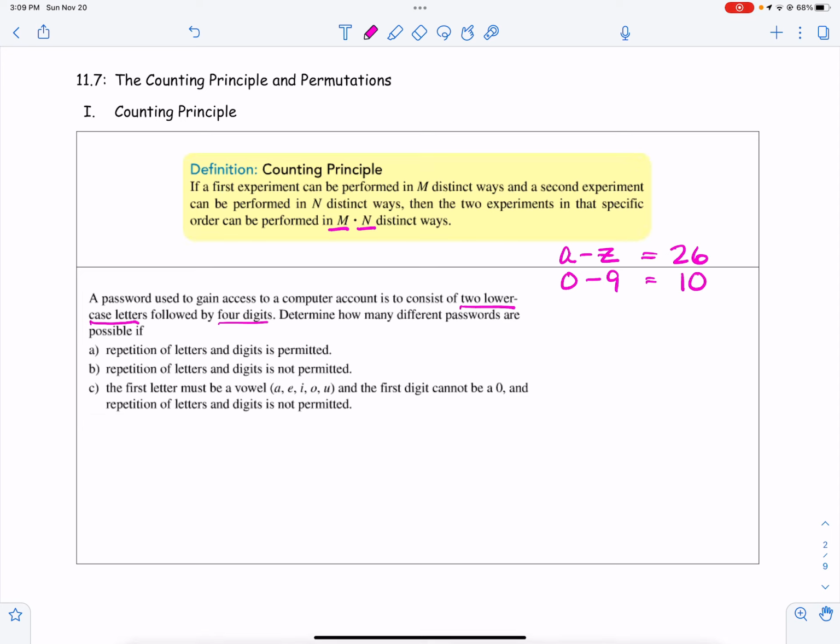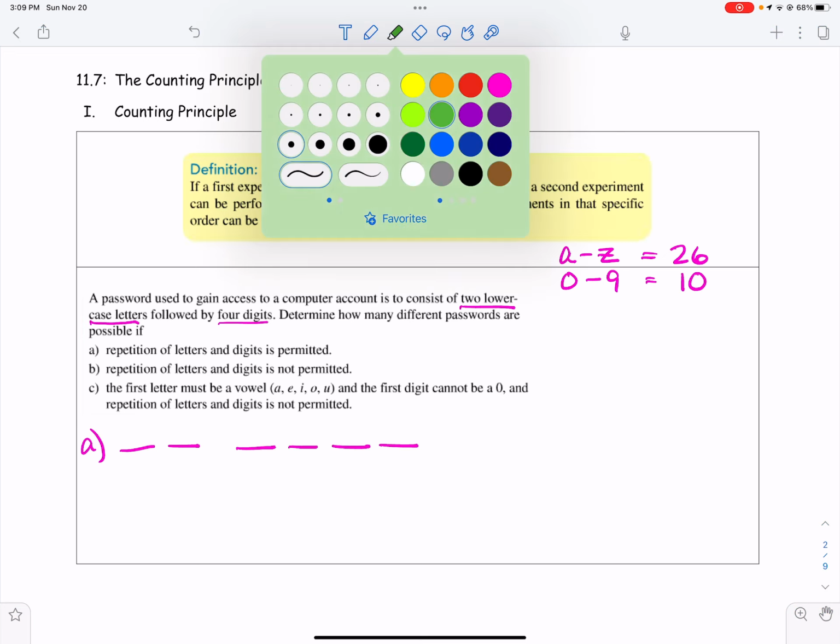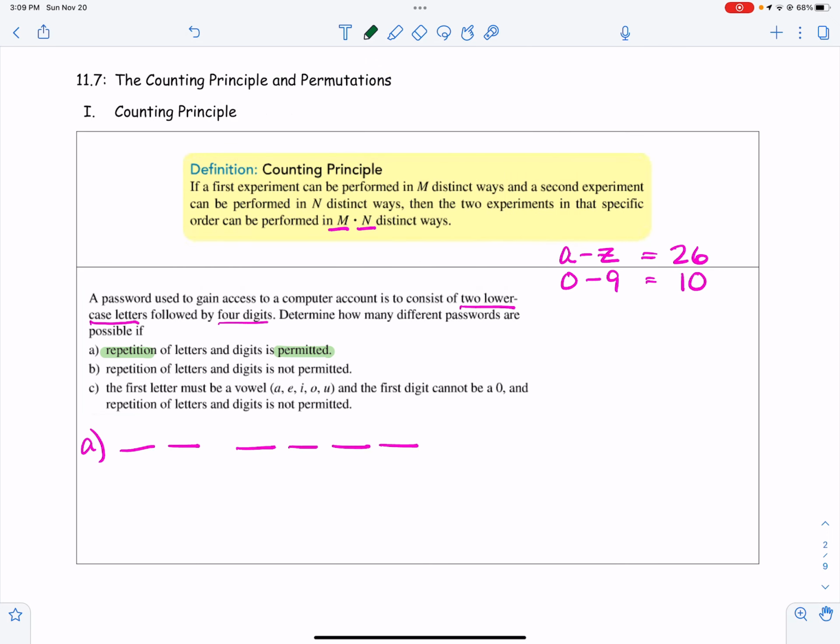So in the first one, we are going to make 2 letters followed by 4 digits, okay? And it says that repetition, and that's important, repetition is allowed of the letters and digits, so it is permitted. So we have 26 choices for the first letter.